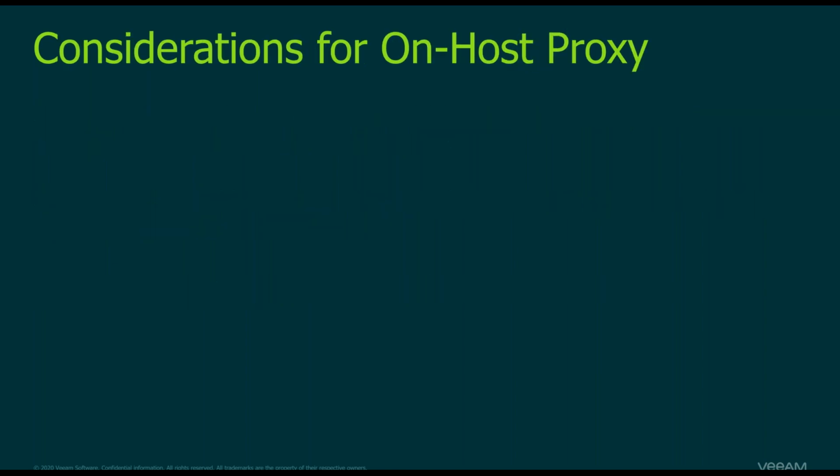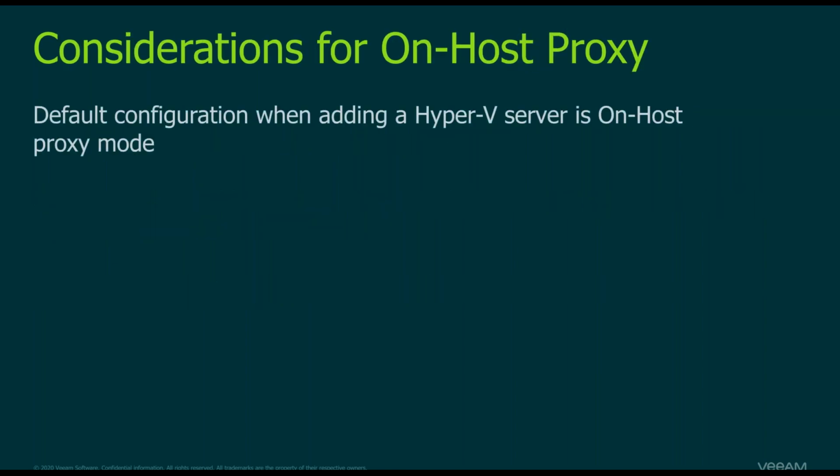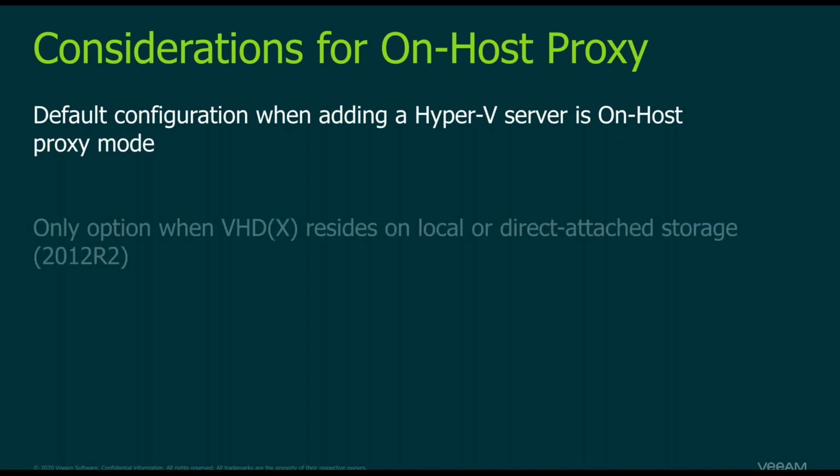So considerations for the on-host, right? This is the default setting. When you add a server, it will automatically be the proxy for all of the VMs on itself, right? Any VMs that are sitting on this Hyper-V server will be backed up by this on-host proxy. If you are not using a SAN, right? So even if you have a cluster and you have local attached storage or direct attached storage, this is your only option, right?